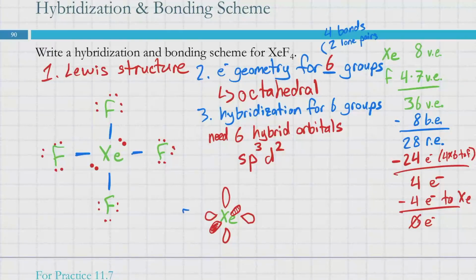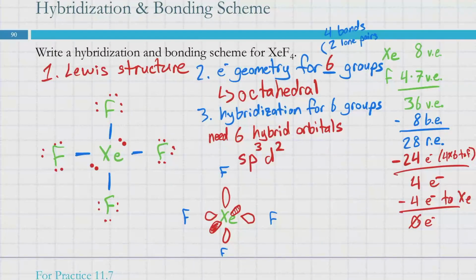And then we've got our fluorines that are in there also. What atomic orbital does fluorine have that's available for bonding? S or P? P, why P? It's what we were doing before.